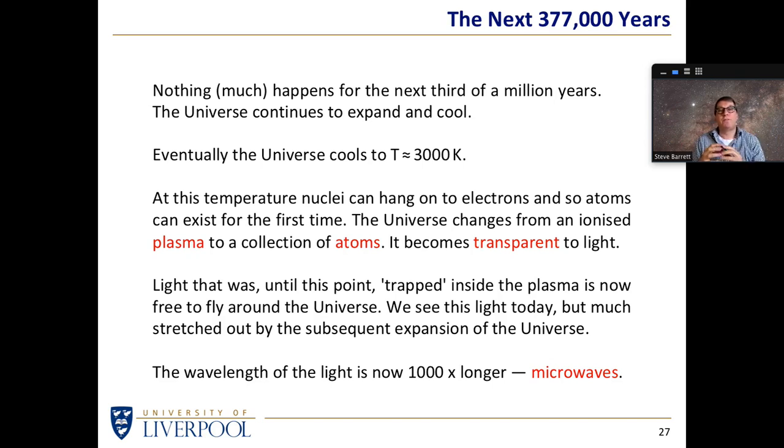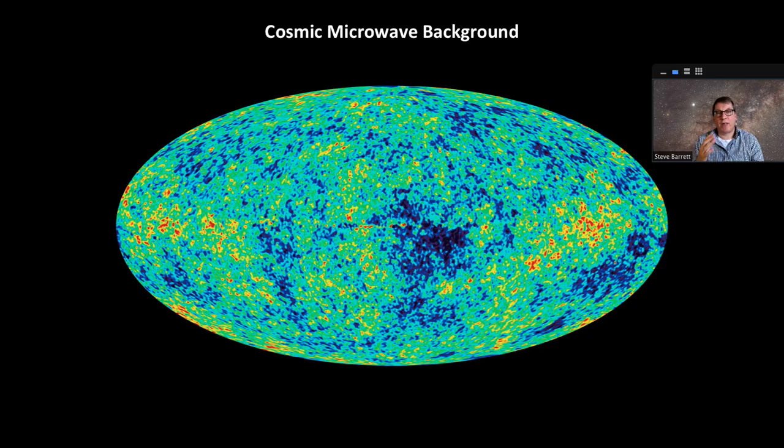So what was visible light with a wavelength of order microns is now electromagnetic radiation with a wavelength that's not microns but millimeters. It's microwaves, and that is the cosmic microwave background.